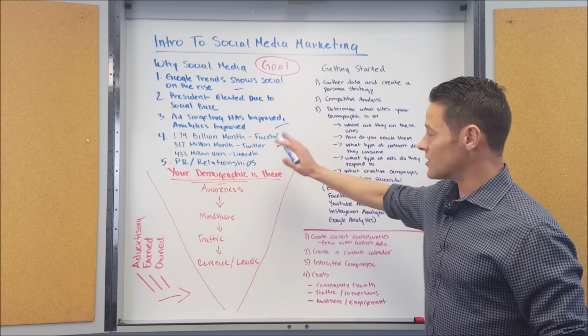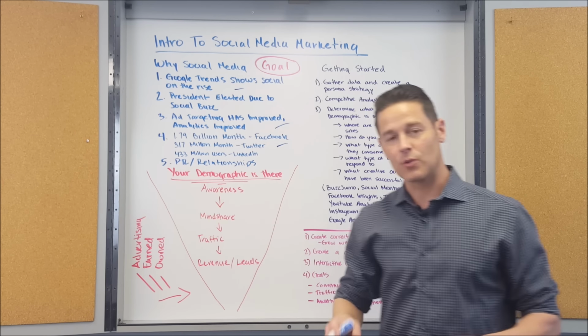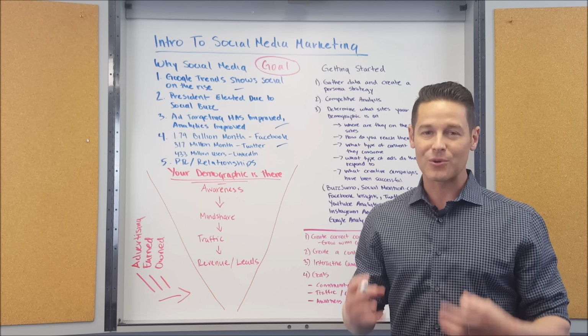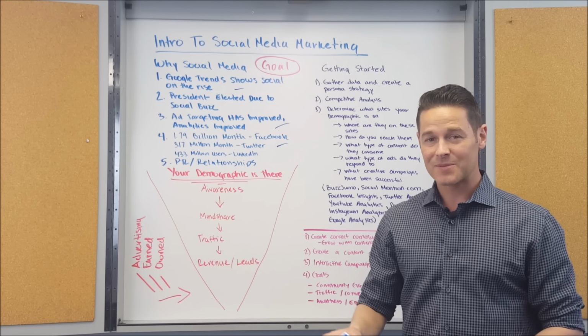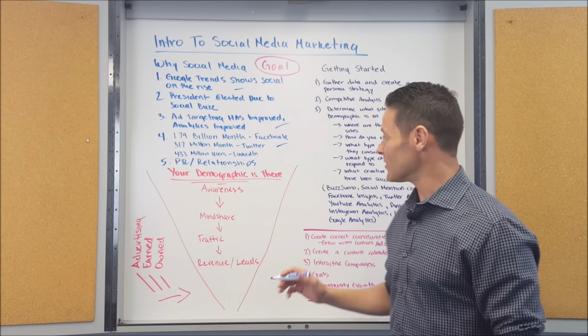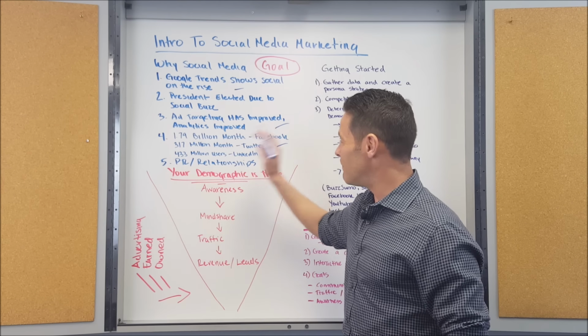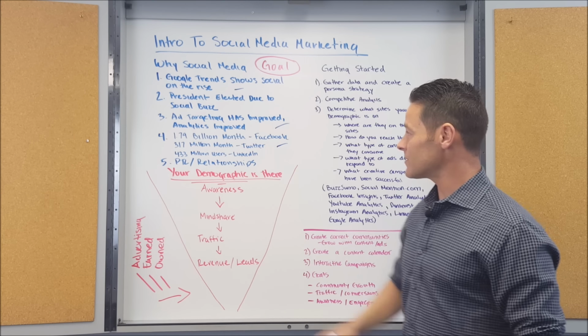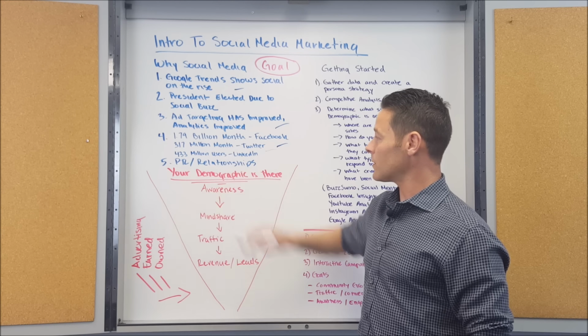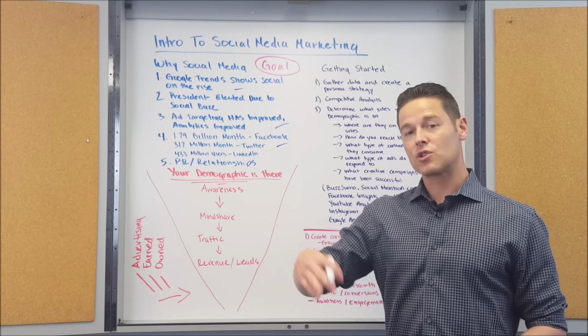And these communities just keep growing. Every single one of these social sites is on an upward trend, which means that there's more of your demographic there. Facebook is still the behemoth of the social media world with 1.79 billion monthly users. Twitter's got 317 million users, and LinkedIn's at 433 million users total.